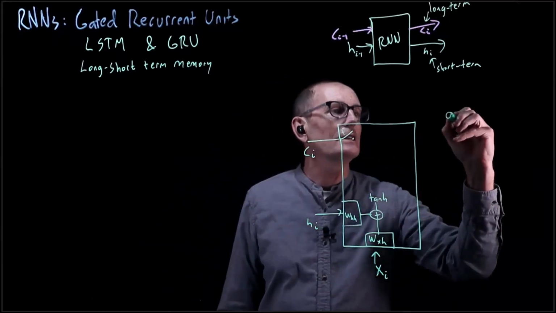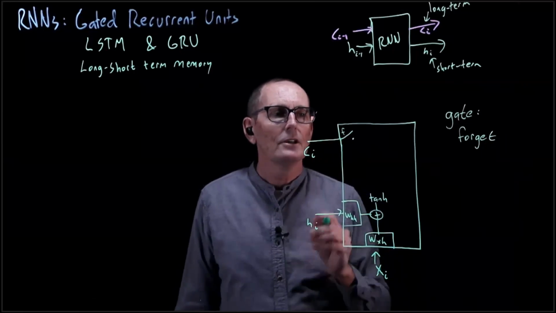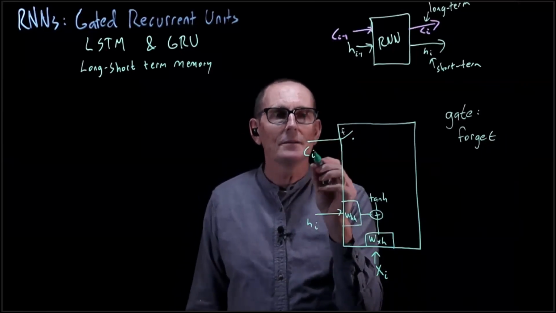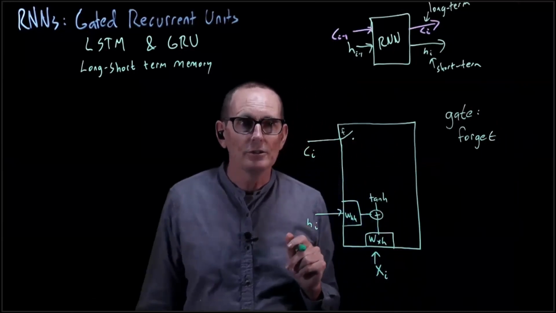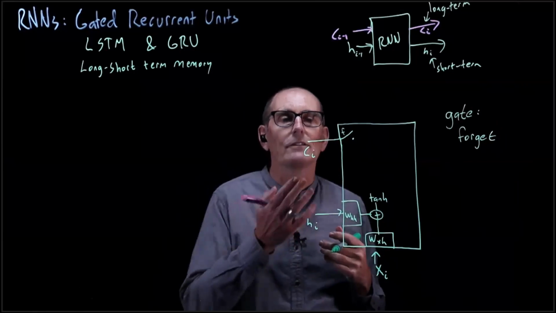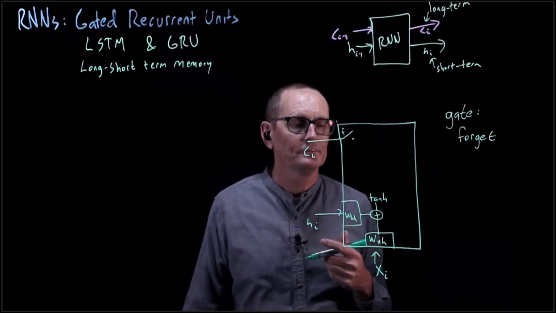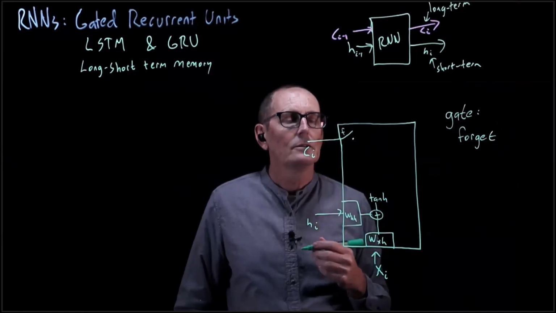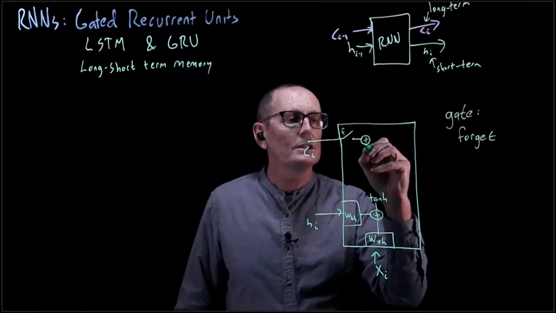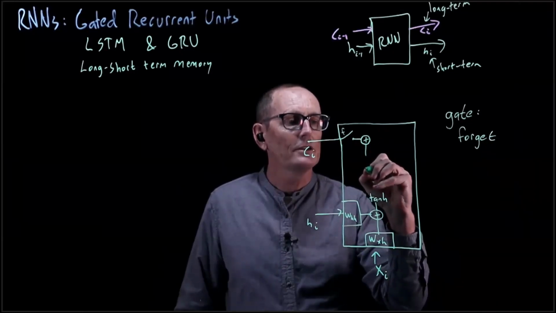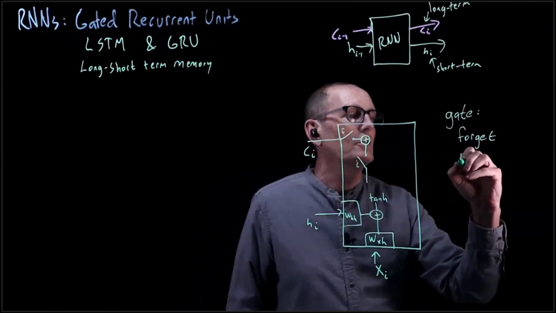So we're going to have 3 gates. Forget is our first gate. So if this gate is open, C sub I is not going to feed in to the new time step. What that has the effect of doing is forgetting the old value of C sub I. Okay, so this will go on, and we'll have a plus here, and then we're going to have another gate, which is our I gate, or our input gate.